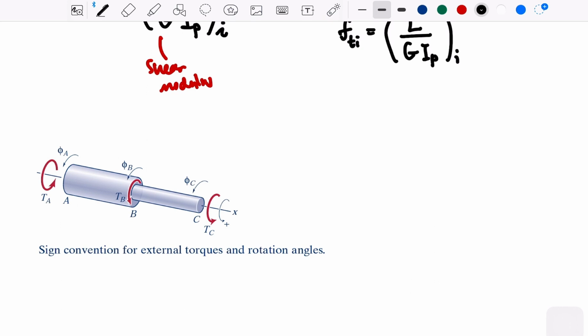We can follow the right hand rule to connect this sign convention.